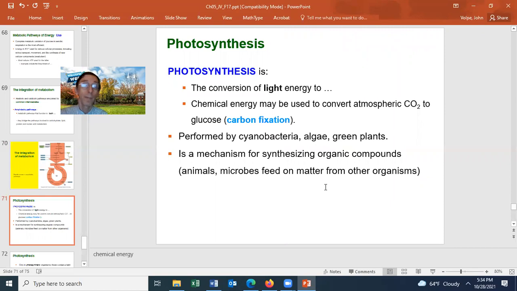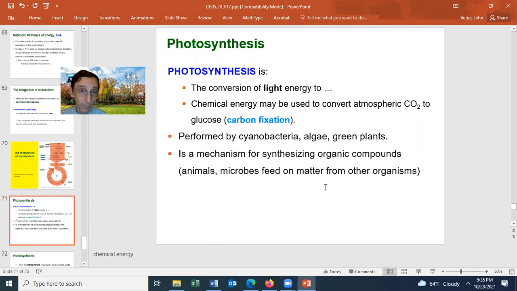All right. So we've talked about how ATP can be made from catabolism, and we talked at length how glucose can be degraded to make ATP. And we briefly discussed how other molecules can be degraded to make ATP. Well, we can also make ATP from an anabolic pathway instead of a catabolic pathway.